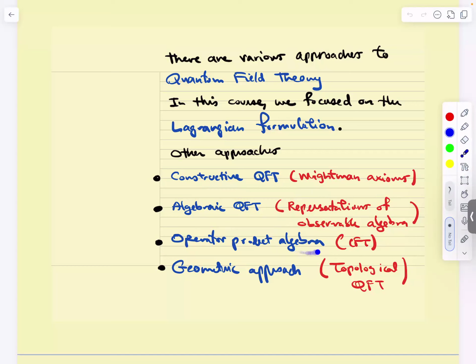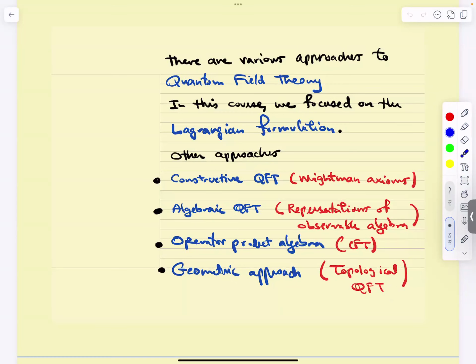There's the operator product algebra, which is the approach that we use mostly for conformal field theories, scale invariant field theories, however, it could be used for quantum field theory as well. And then the geometric approach, which is most commonly used for topological quantum field theories. But as I said, this course, for the most part, is concerned with the Lagrangian formulation.